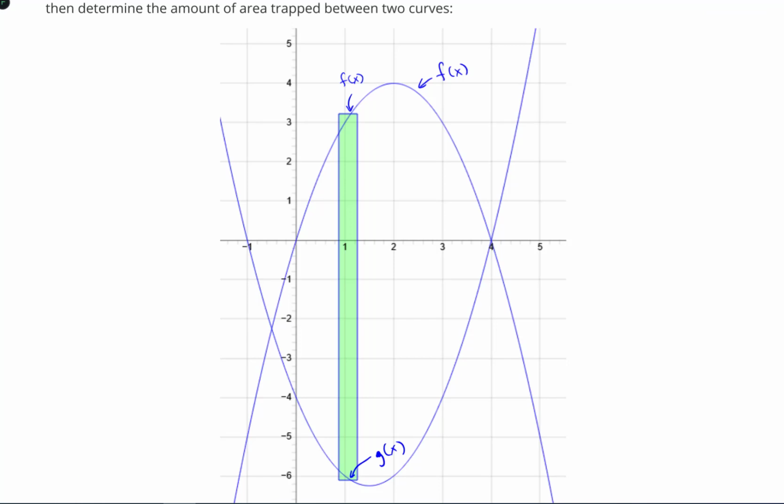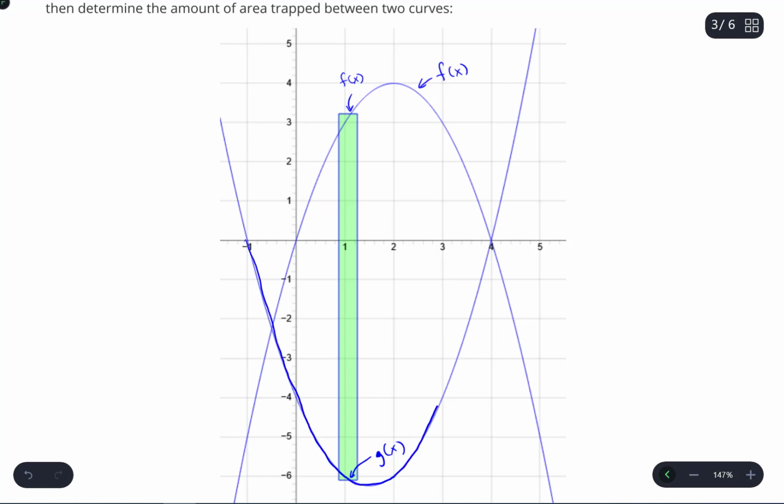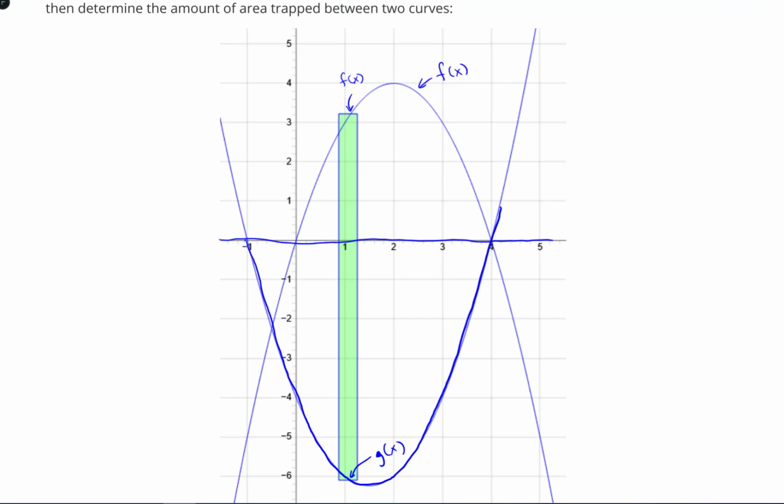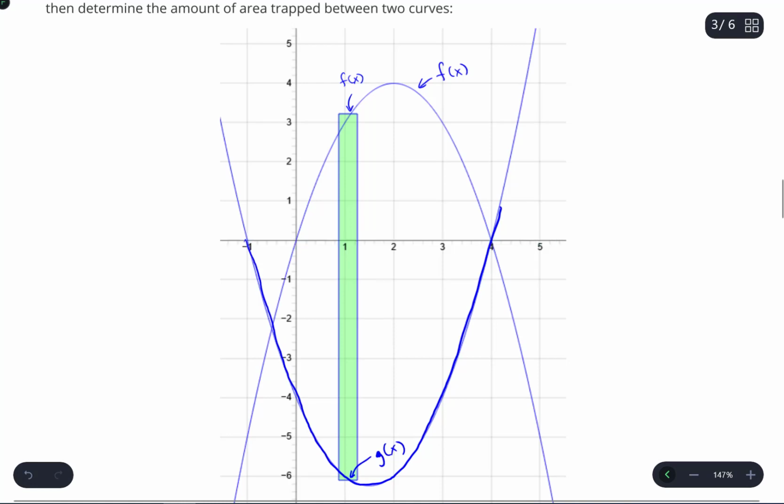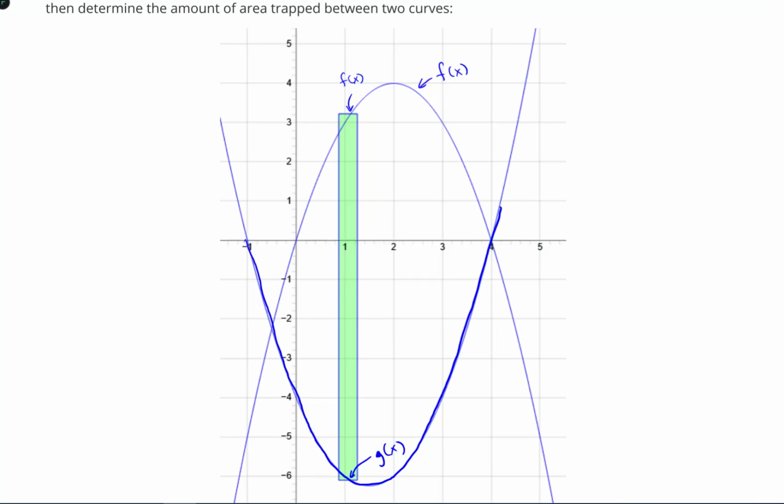And so the bottom of this rectangle will follow this curve along this path, and so it will change. And that's fine. The thing is, before, the bottom of the rectangle always stayed at 0. So we could just use f of x as the height of the rectangle. But the bottom of the rectangle changes, and that's okay.